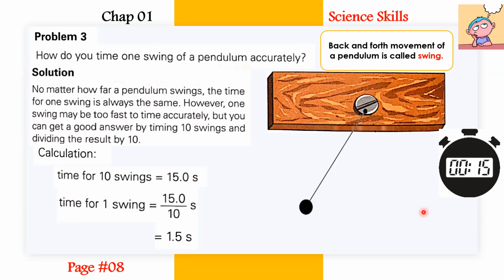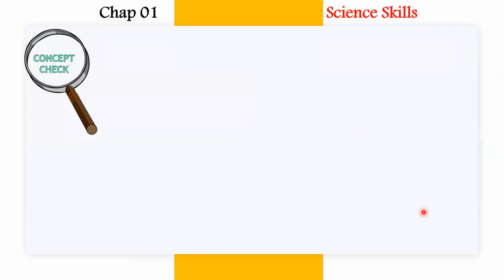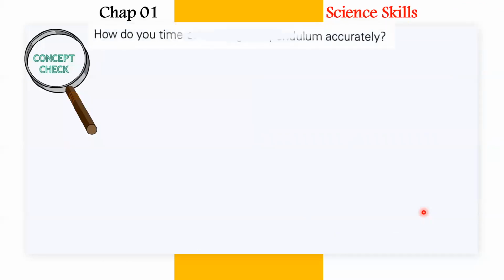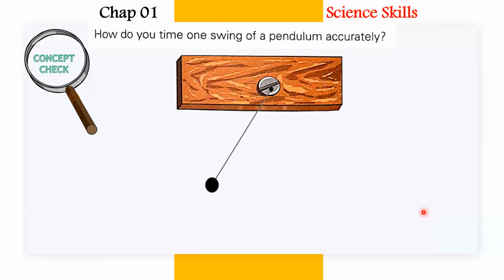One vibration means the back and forth movement of the pendulum. That is also called a swing. How do you time one swing of the pendulum accurately?